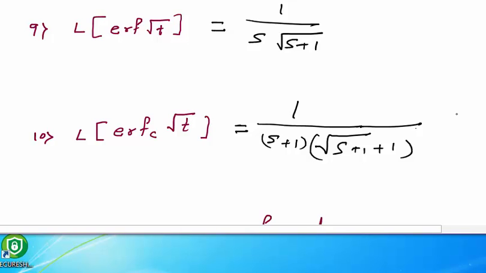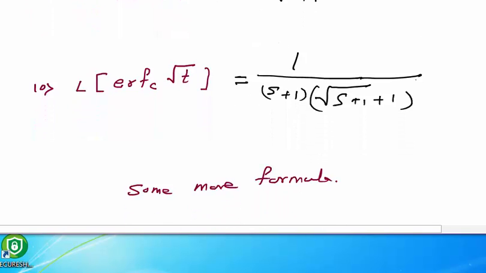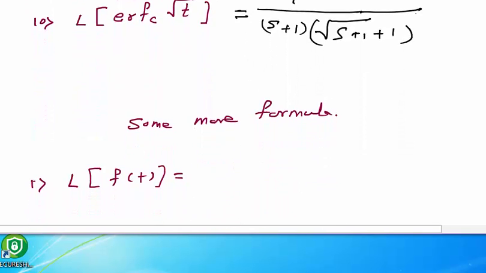We learn these formulas so that while finding the Laplace transform of other functions, we do not have to calculate these again. Now, along with these Laplace formulae, there are some other formulas that we should learn very well. So, some more formulae.